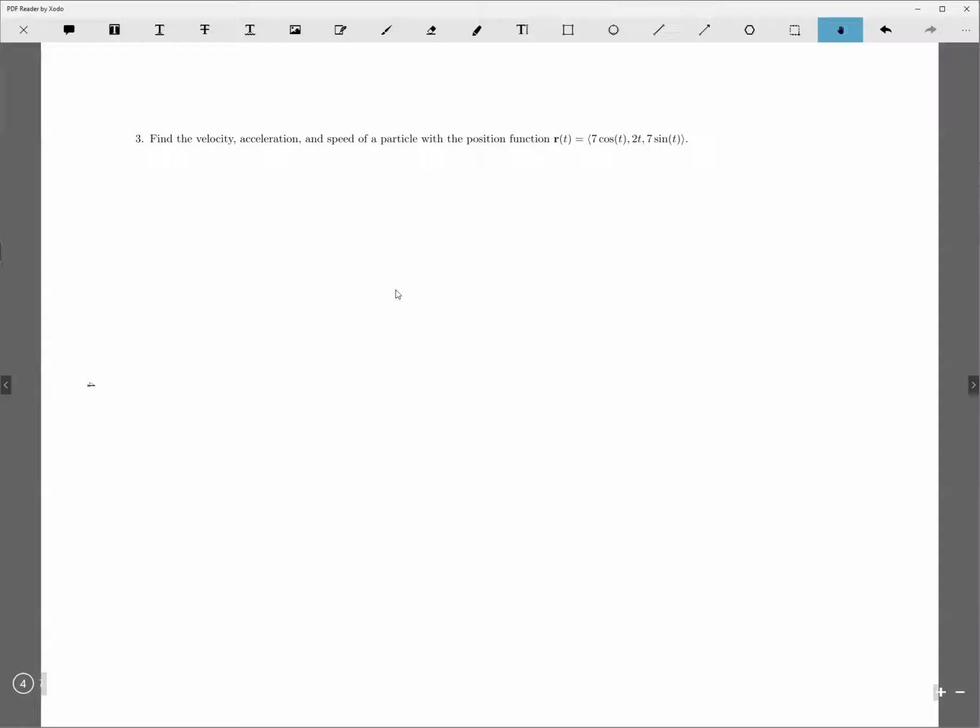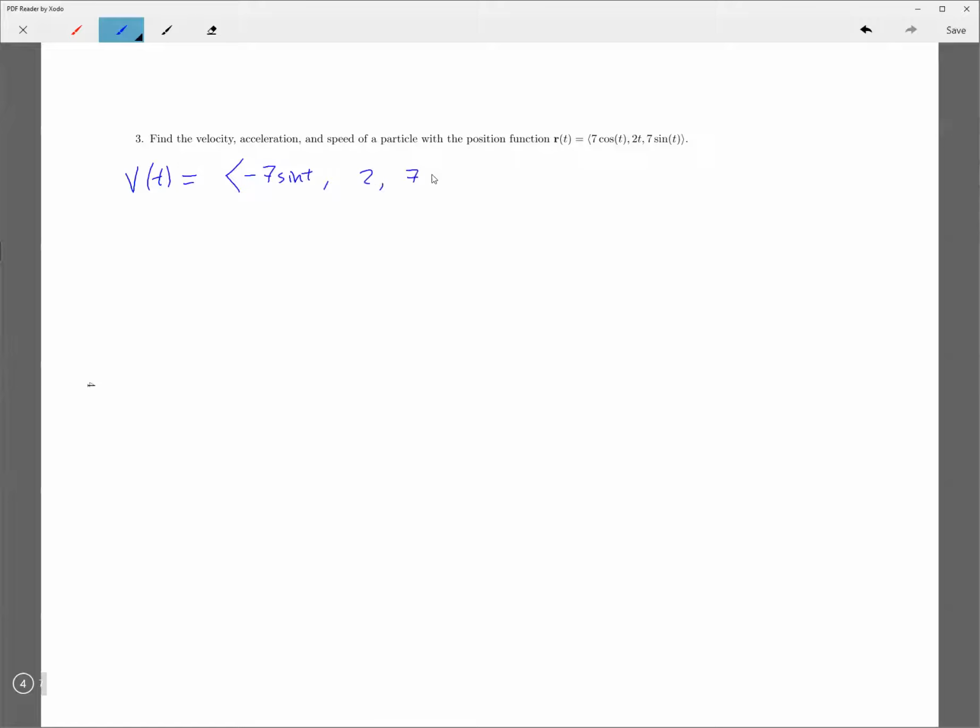Find the velocity, acceleration, and speed of this particle. Okay, so what's the velocity vector? Negative 7 sine t, 2, and 7 cosine t. Yes.